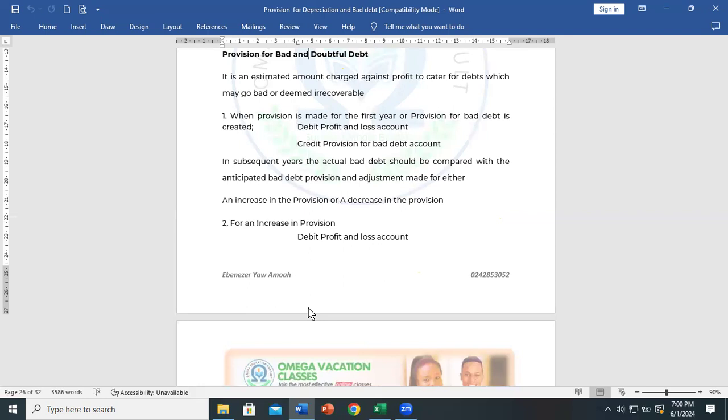So when you are decreasing provision, something comes to add back to your profit. And if you are adding to profit, you credit it. That's why for the decrease in provision, you credit your profit and loss account and you debit provision for bad debt account. So know some of these things.